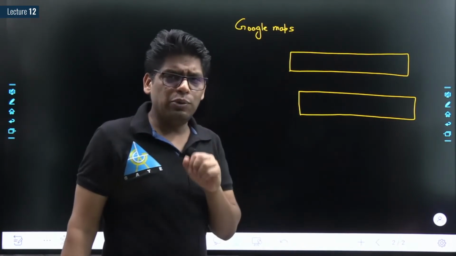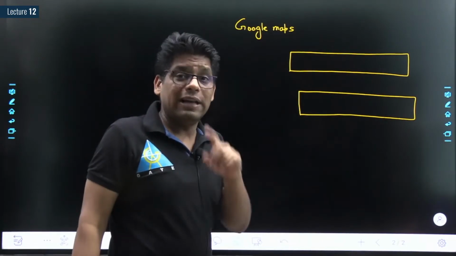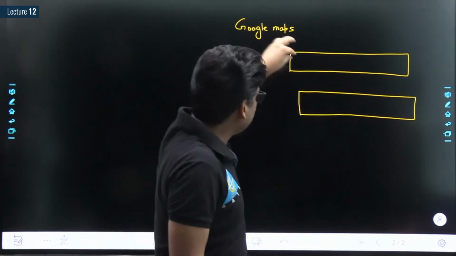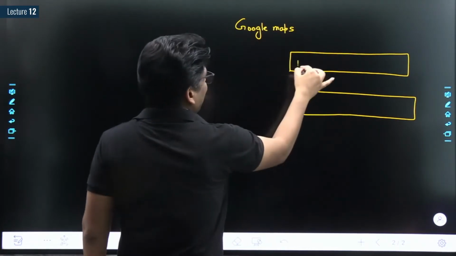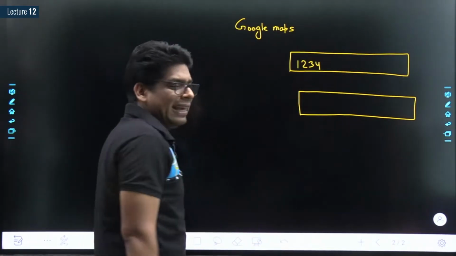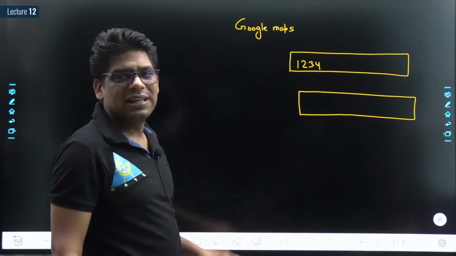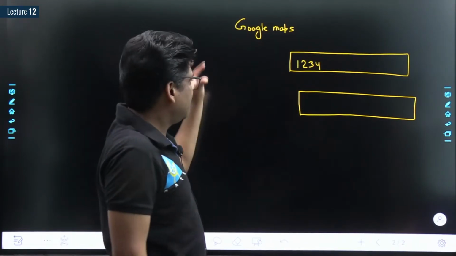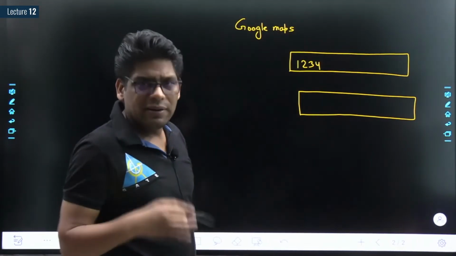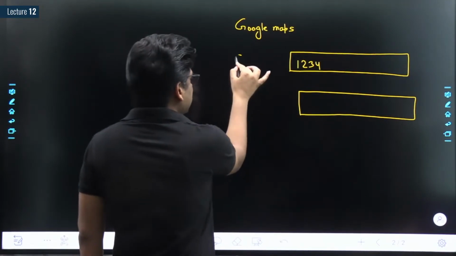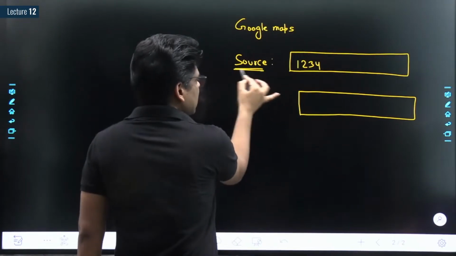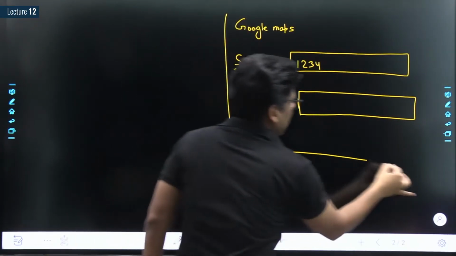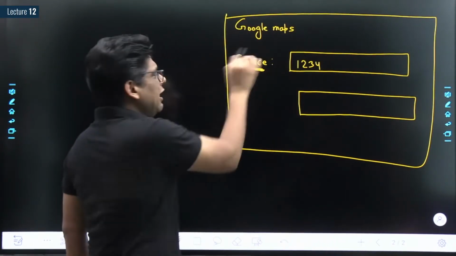Let us assume you don't know anything about Google Maps and the very first time you open it, two text boxes are displayed like this. How will someone get to know at the first time what he is supposed to do? What to enter here? 1, 2, 3, 4? An array? You need to enter something in a string form. Try to understand, sir. This text makes our program, our application, user friendly.